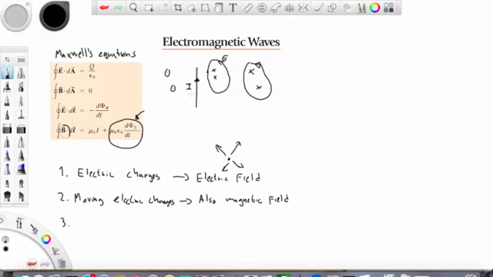Third, if these charges are not just moving but accelerating, that produces the described changing magnetic fields, which in turn give rise to changing electric fields. And in fact, electromagnetic waves are a combination of changing magnetic and electric fields.